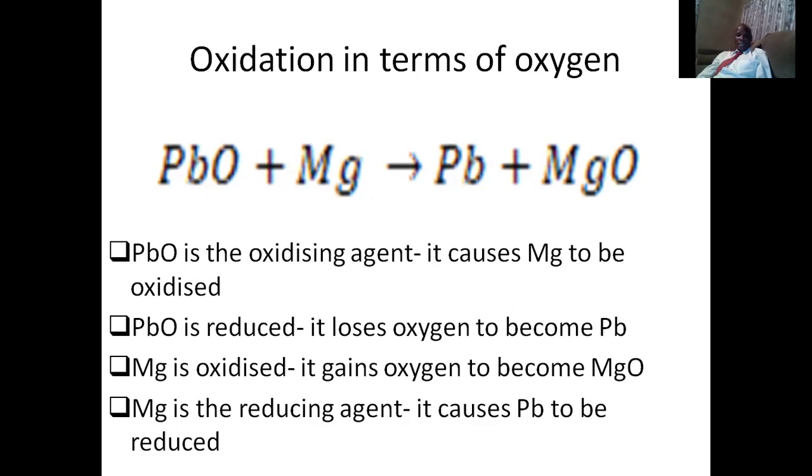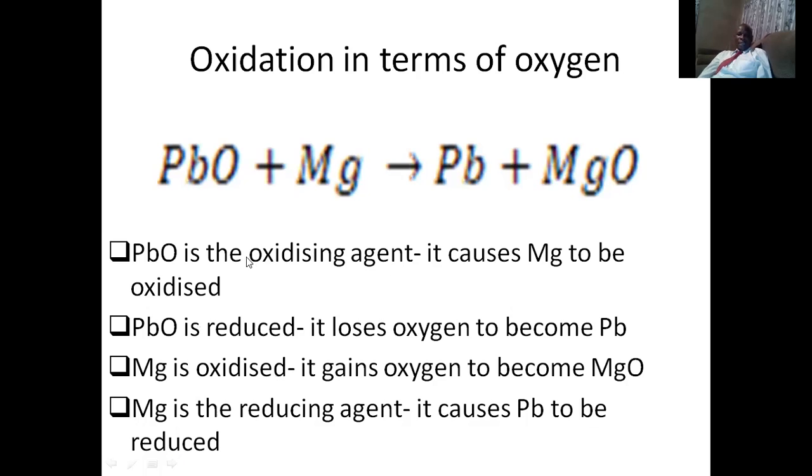A substance that causes the other one to be oxidized is known as the oxidizing agent. In our case here, red oxide is the oxidizing agent because it causes magnesium to be oxidized.